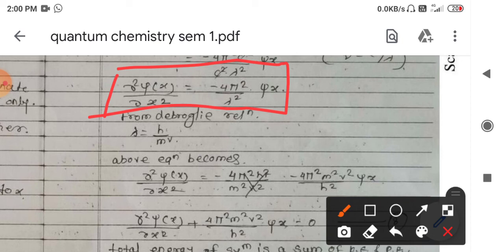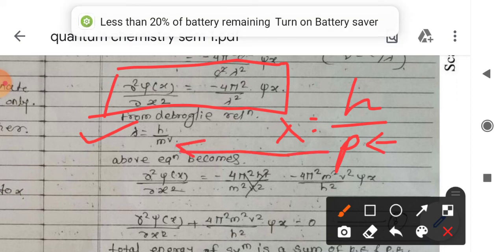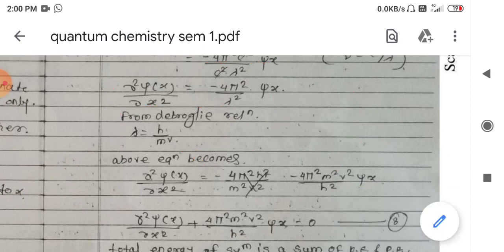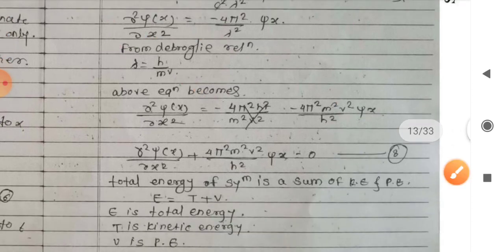Now by using de Broglie's hypothesis, that lambda equals h upon p, where p is nothing but the linear momentum, given by mass into velocity, we substitute that value for lambda here.